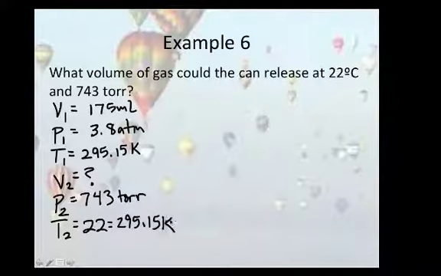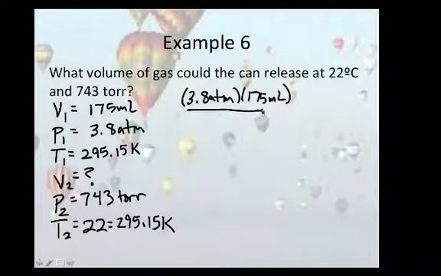So if you really wanted to go back to your old laws, when temperature is constant, then we'd be using Boyle's Law to solve this problem. I'm going to go ahead and use the combined gas law. So 3.8 atmospheres is my P1, multiply by my V1, 175 milliliters, and then we divide by T1, 295.15 kelvins, and that's going to equal P2 times V2, so 743 torr.